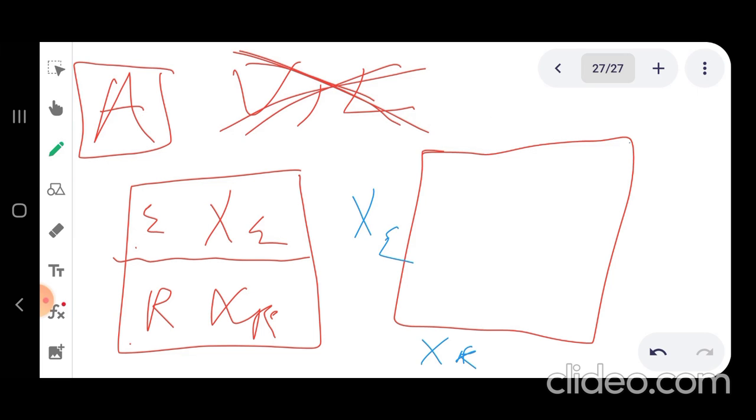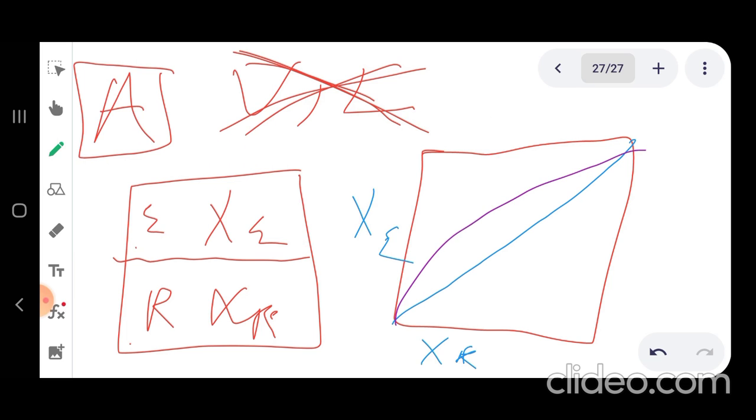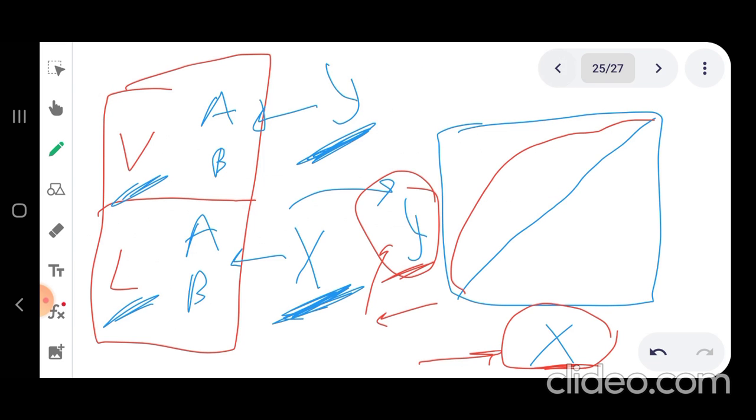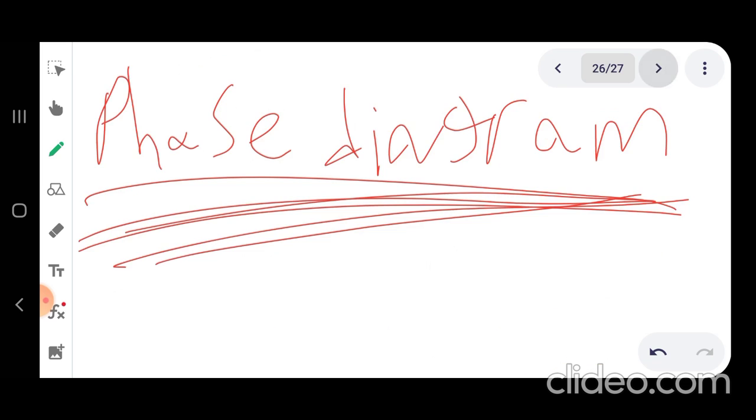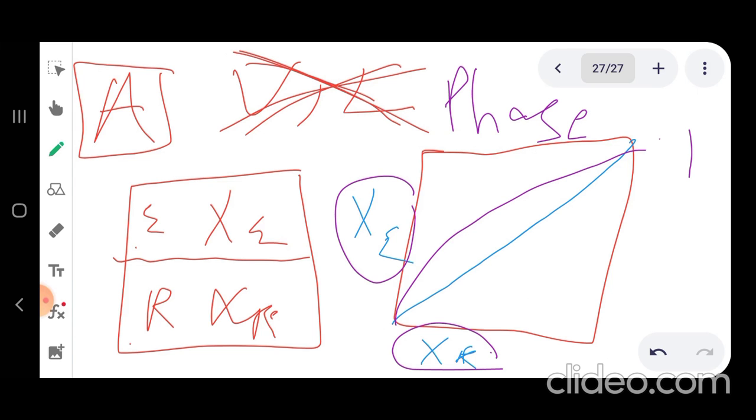Again, we can draw our 45-degree line, and then the equilibrium line, which instead of being between X and Y, will be between XR and XE, the composition in the raffinate phase and the composition in the extract phase. So this is again what we call a phase diagram between two phases, raffinate and extract. Okay, so this is one diagram.